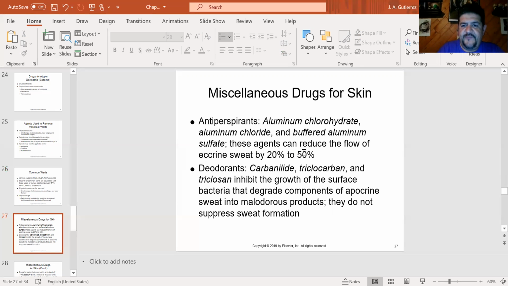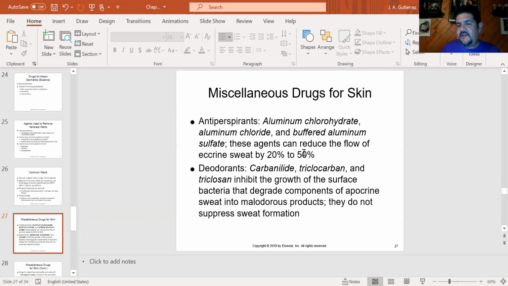Regarding deodorants, carbanilide and triclocarban, triclosan. These inhibit the bacteria that grow from sweat. So deodorants basically take away the smelly part of sweat.